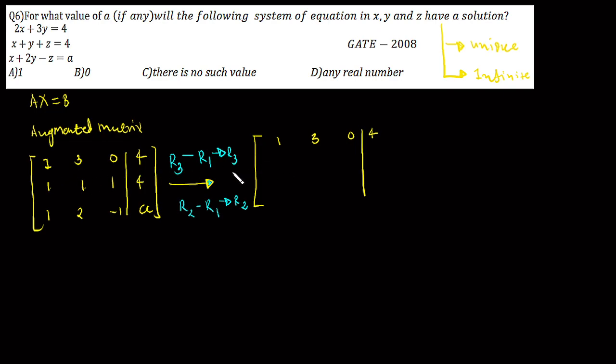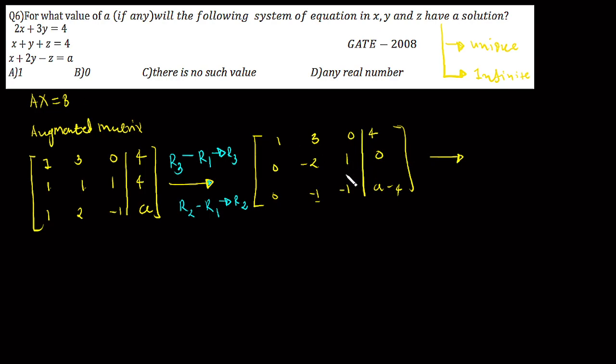So now here this entry will be 0, here minus 2, 1, again here 0, again here 0, minus 1, minus 1, and here a minus 4. So now to further reduce this matrix, we have to make this entry 0.